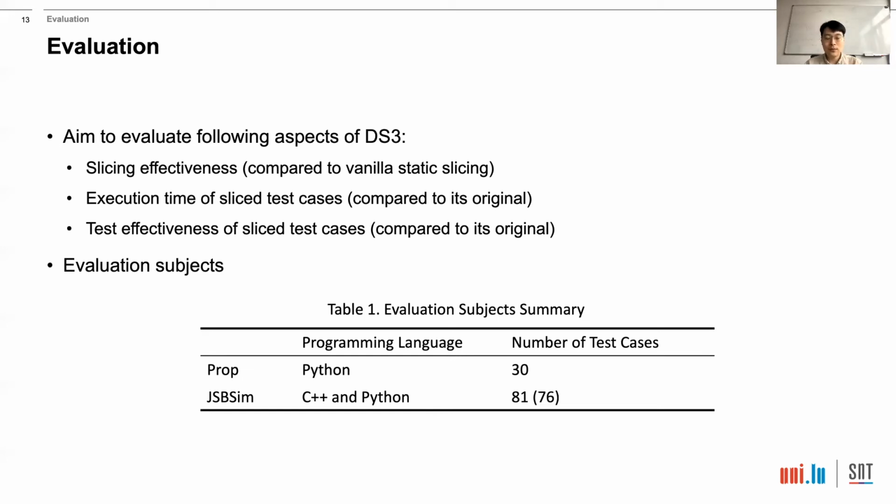One is the proprietary data set, and the second one is JSPC, which is the open source one. For the proprietary data set, we have 30 different test cases. For JSPC, we originally have 81, but since 5 of them are either flaky or non-deterministic, we removed them, so we have used only 76.